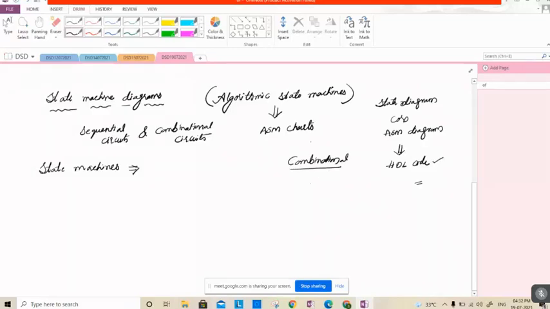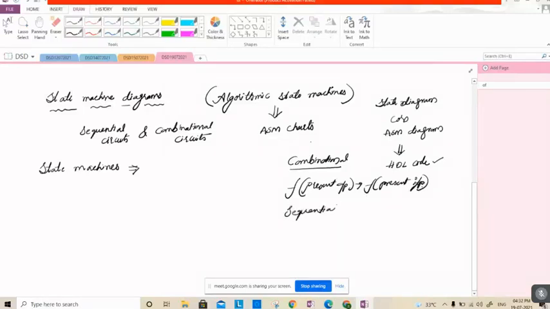In combinational circuits, present output will be a function of present input. Right. What about sequential circuits?